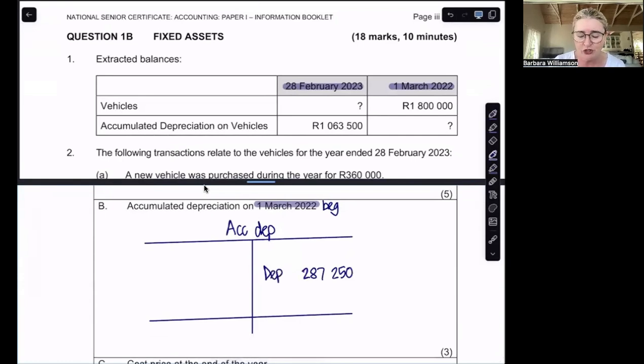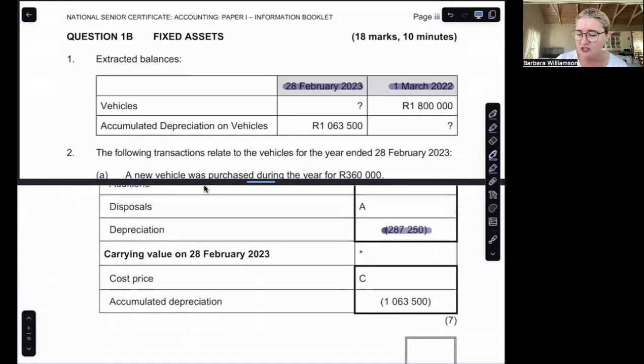The reason that I've put it on the credit side is because accumulated depreciation is an asset account, but it's a negative asset. It works together with the asset vehicles. So yes, assets go plus minus, but because it's a negative asset, we'll usually work on the credit side in accumulated depreciation.